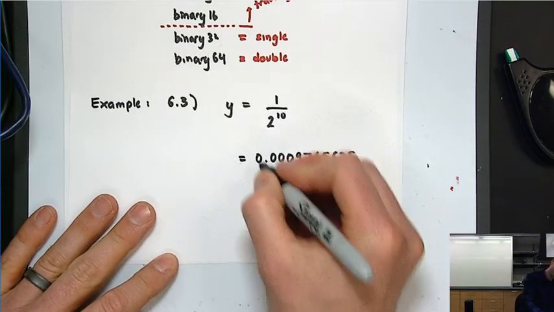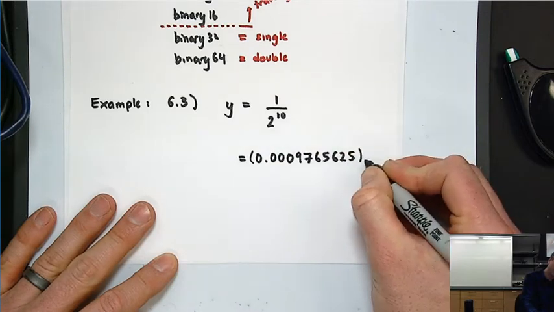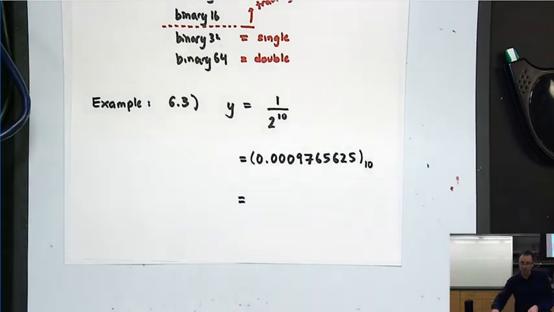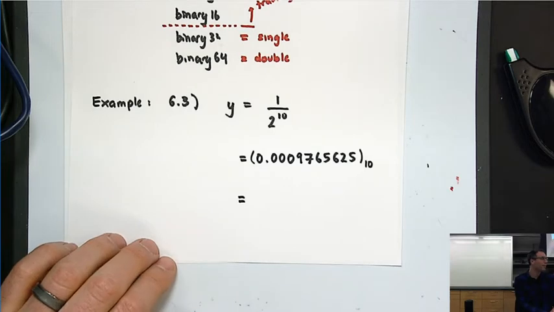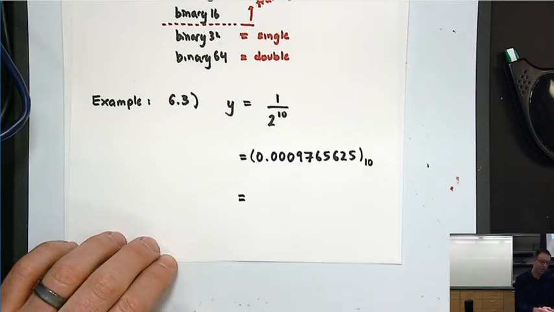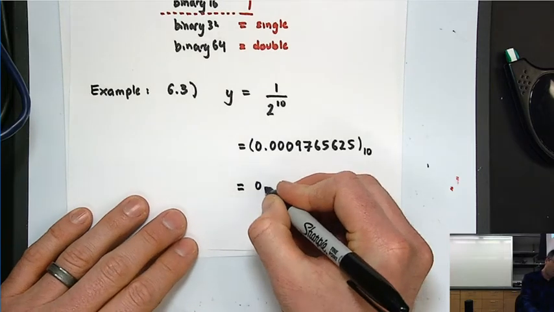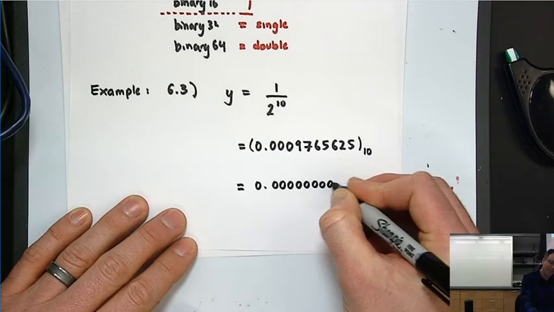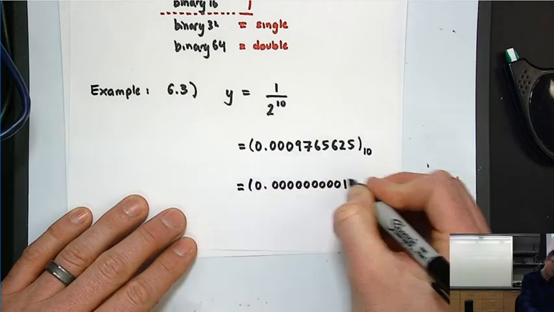This thing right here was the representation in decimal. What is the corresponding representation in binary? If I actually wanted to convert that to a binary number, what would that be? Yeah, so it would be zeros followed by a single 1.